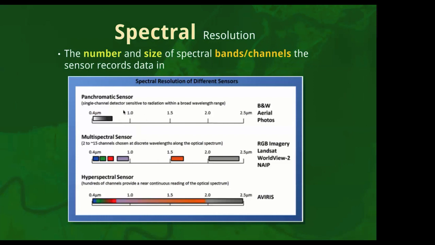The panchromatic sensor, which you don't see very often, but it's very useful. We'll talk about why the panchromatic sensor can be useful later today, and also 2 weeks from today, because there are some techniques you can apply through the panchromatic sensor. A panchromatic sensor is a single channel detector, which means there's a single band.